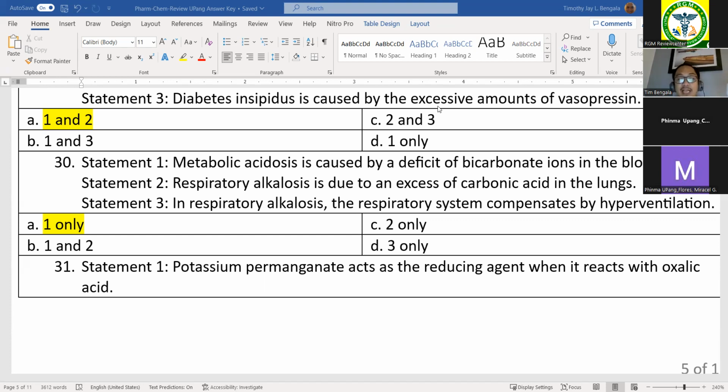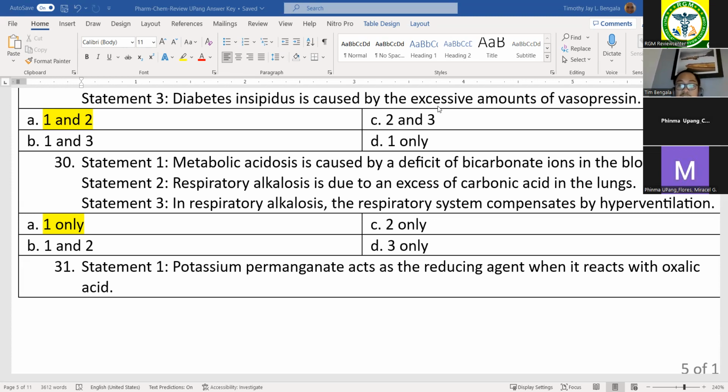Next, in respiratory alkalosis. So, alkalosis, again, balikan natin. Alkalosis, madami bang carbon dioxide o onti yung carbon dioxide? Because hyperventilation will only happen if you have high amounts of carbon dioxide. So, you have alkalosis. So, ibig sabihin, in your lungs, kaunti lang yung carbon dioxide mo.